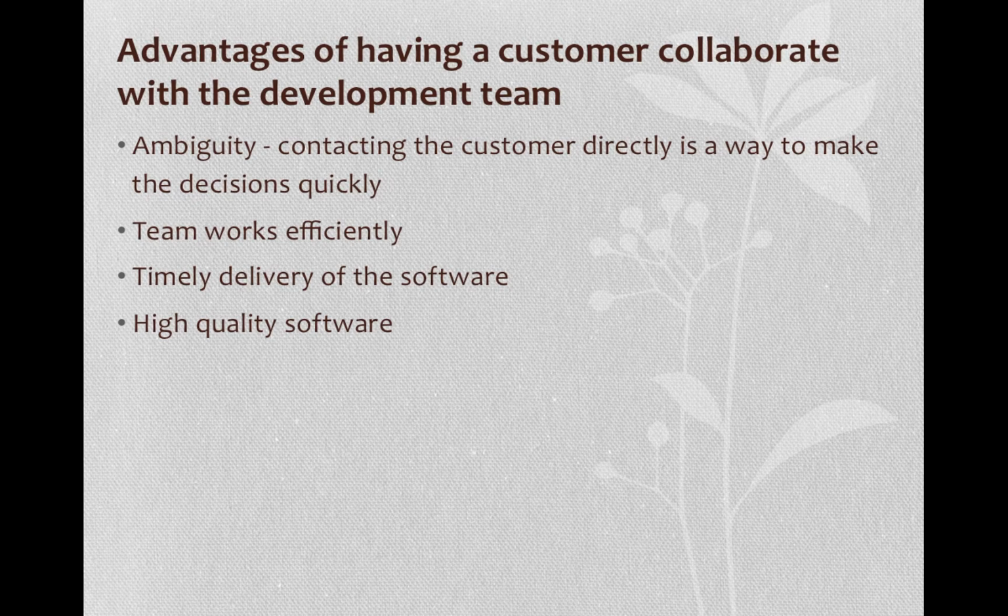Whenever there is ambiguity in the requirements, the development team contacts the product owner, the so-called customer, and checks what the requirements are and what ambiguity they are facing. These conversations may be face to face, or through conference calls, etc. All these things make the team work efficiently. It doesn't make the team wait till the customer gets back to them.